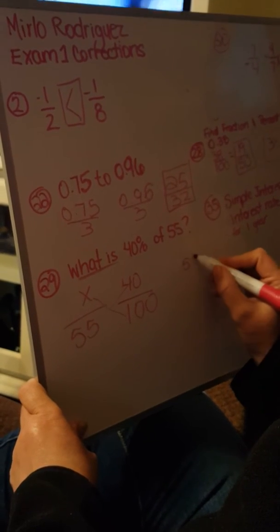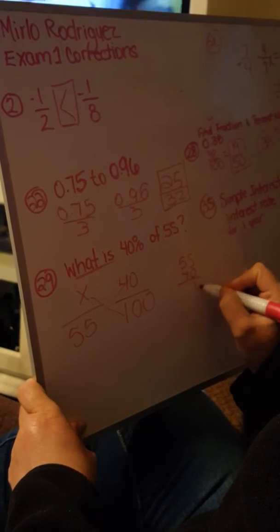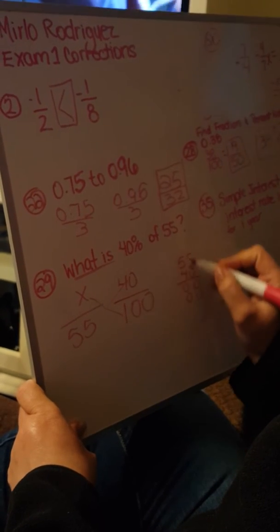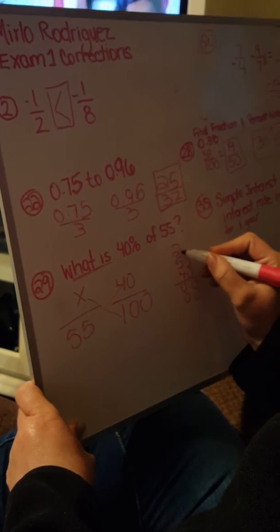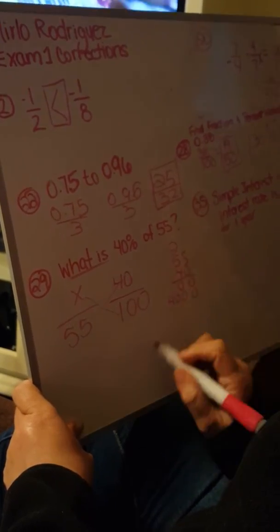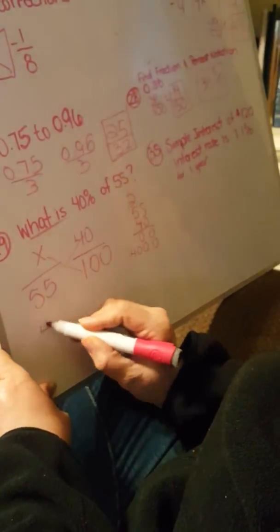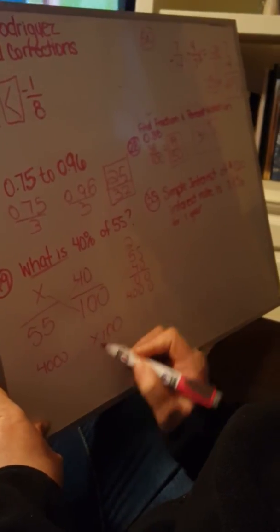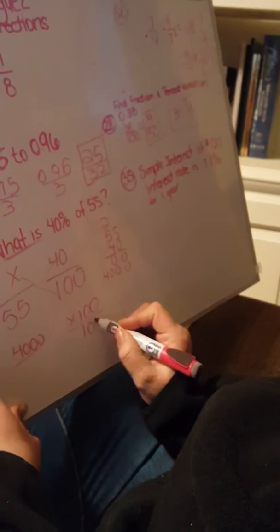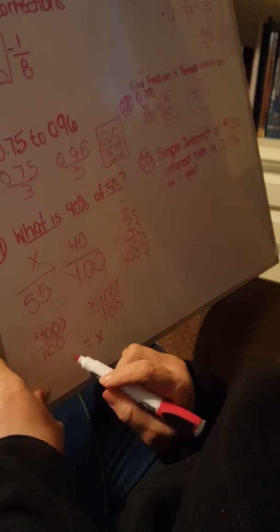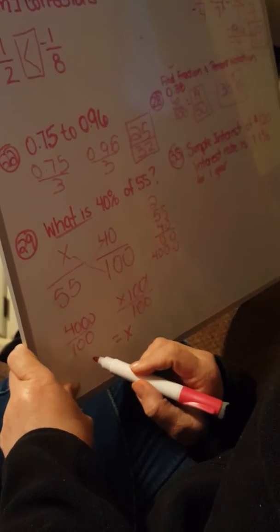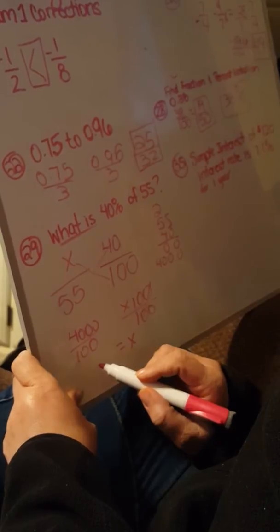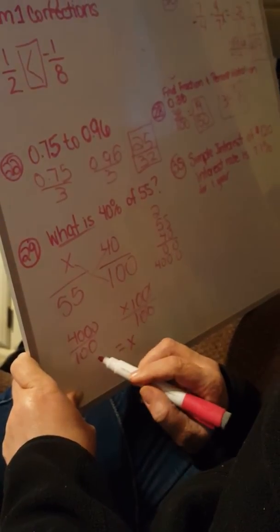That's 0, 0, and that's 0, 2, 2, 3, 4, right? And it's 4,000 on this side. I hope I did my math correctly. And then your x times 100 over here. And you divide by 100. You divide by 100 should give you x equals 40. Did I do this correctly? Hold on one second.